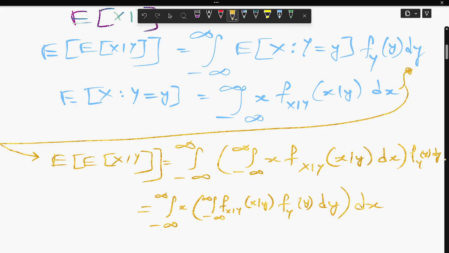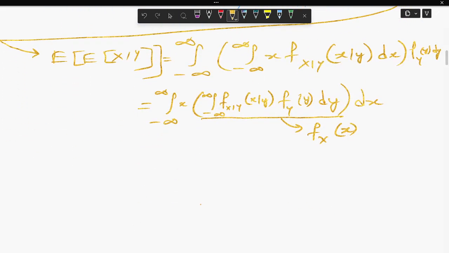Then the inner integral is the marginal density of x, f_X(x). So the total integral will be the integral from minus infinity to infinity of x f_X(x) dx. We all know that this is equal to the expectation of x.